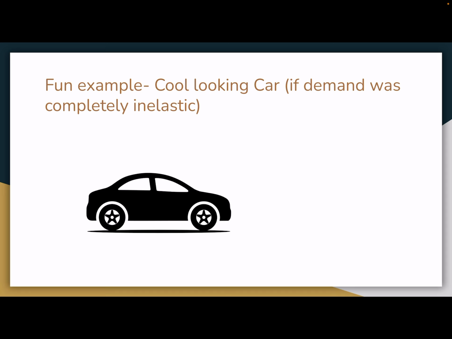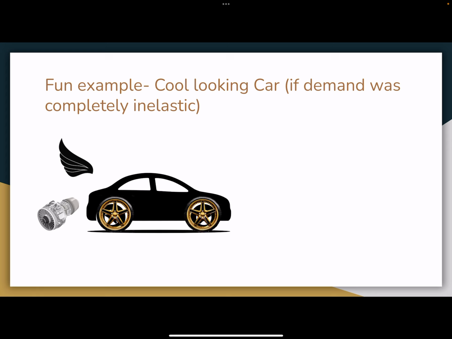Let's say we live in an ideal world where demand is completely inelastic, which means consumers will purchase the item regardless of price. In this case, engineers can have as much freedom as they want while creating the product. Let's say there is a car. We can add cool wings to it. We can add jet engines to make it faster. We can add golden wheels to our design.